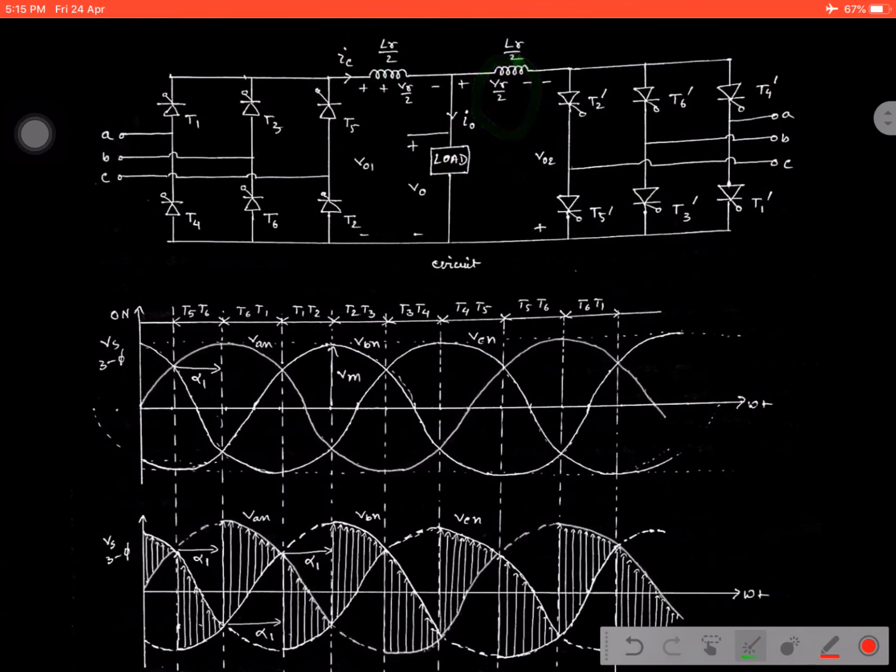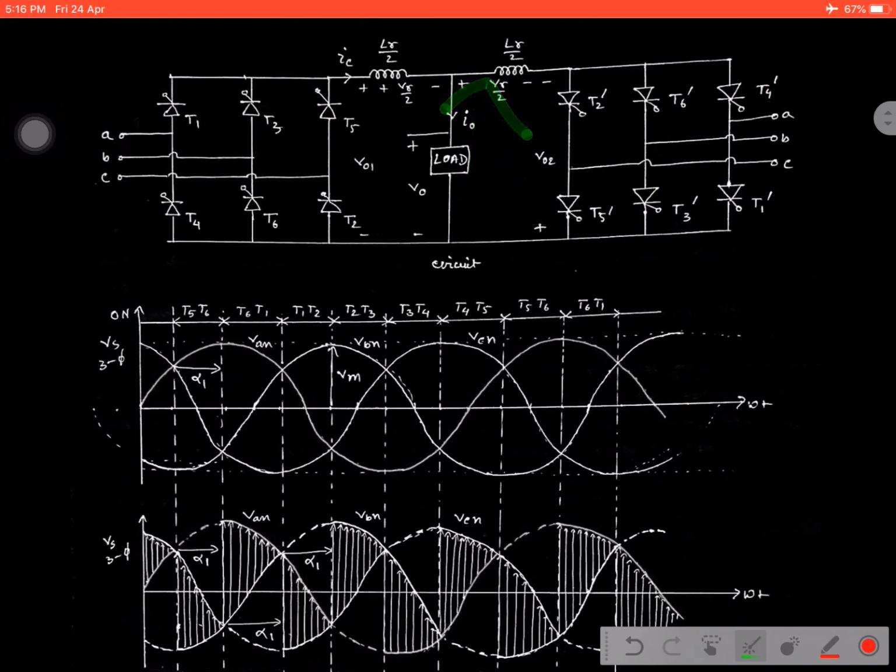Okay, now see how it works. When the first converter starts working, the current flows to the load in this direction, with the other converter off. If the second converter starts working and the first one is off, the current flows in this direction.